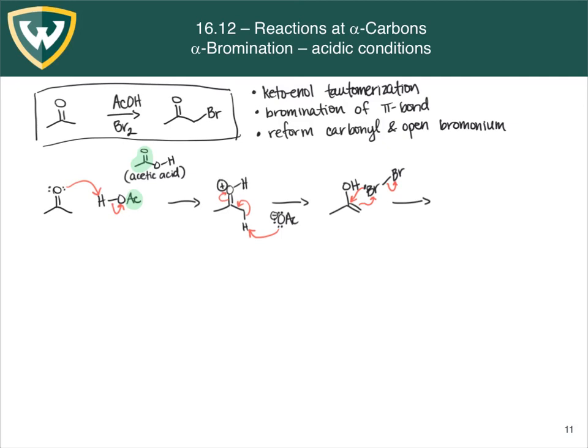And the resulting intermediate has this bromonium ion. And we have our alcohol there. That's going to immediately reform the carbonyl and open the bromonium to give you the product alpha bromoketone.